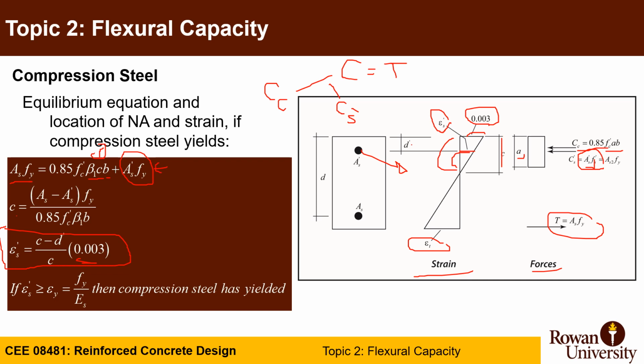Now you can solve the equation for c, and also you can get a as beta 1 c. Then you can get epsilon s', which is (c minus d') divided by c times 0.003. If your epsilon s' is more than epsilon yield, which is fy divided by the modulus of elasticity of reinforcing steel Es, which is always 29,000 ksi, it means that your assumption was correct and the compression steel is yielded.